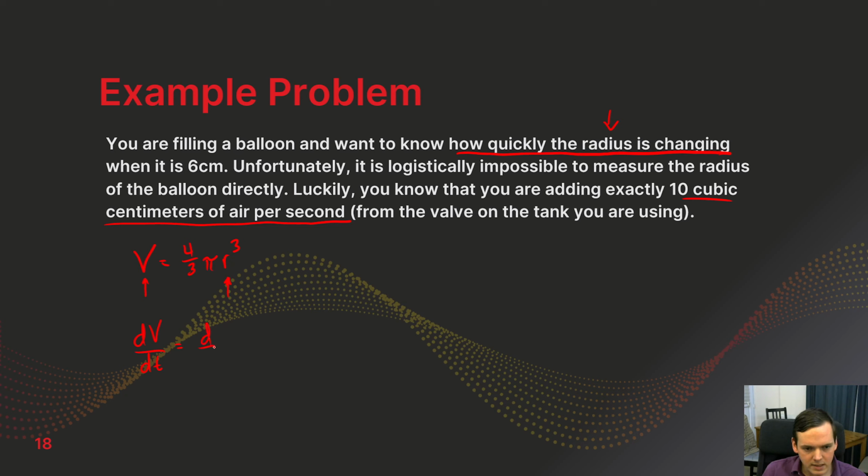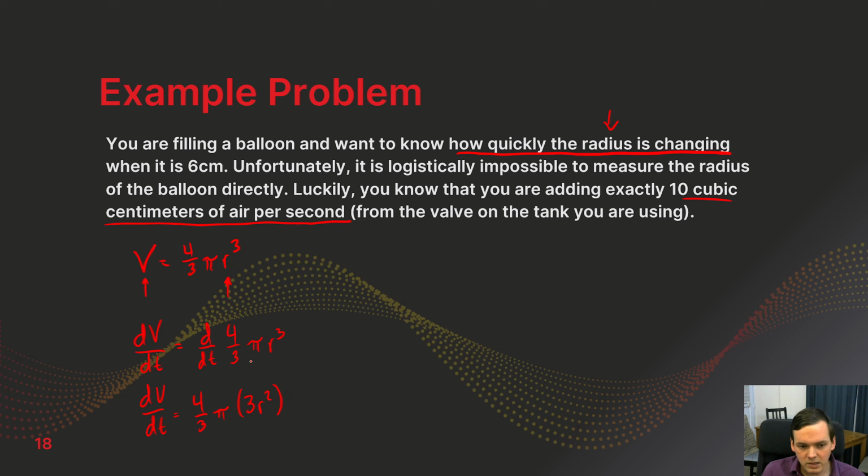And then on the right side, I'm going to write this out so we can talk through what I'm doing. 4/3 pi, that's all constants. So we have dV by dt is equal to 4/3 pi. Then we have the derivative of the radius with respect to time. That's going to be 3r squared, because the derivative of r cubed is 3r squared.